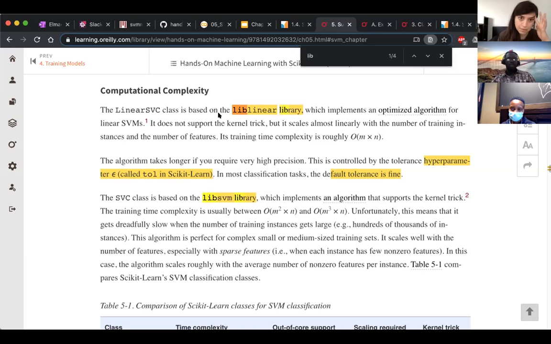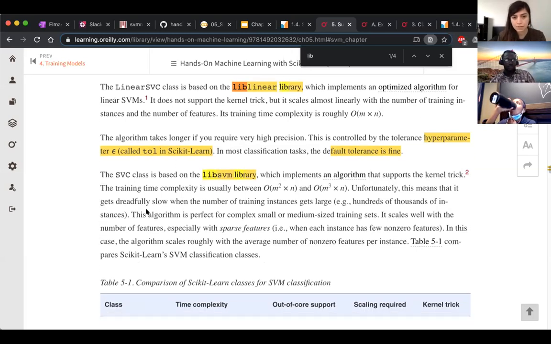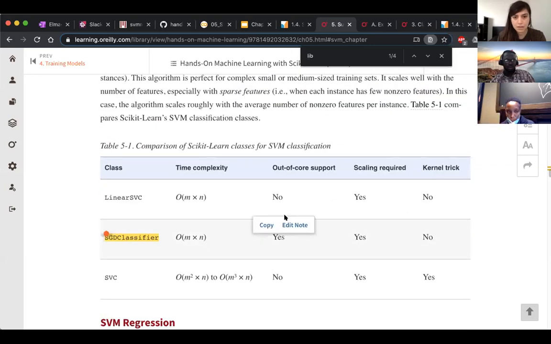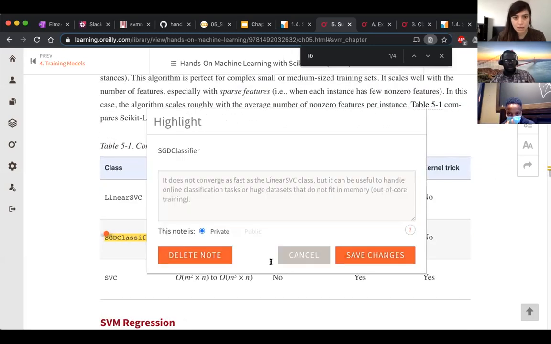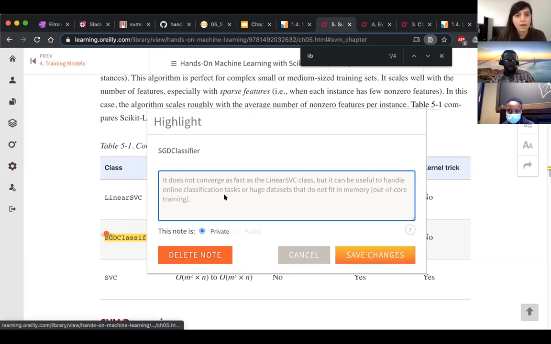So he is saying that although you're saying it has to converge fast, he's clearly saying that it is not converging as fast as linear SVC. Maybe it's fast, but it's not as fast as linear SVC.